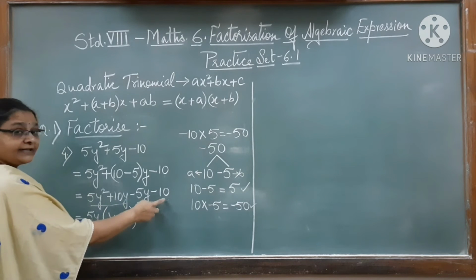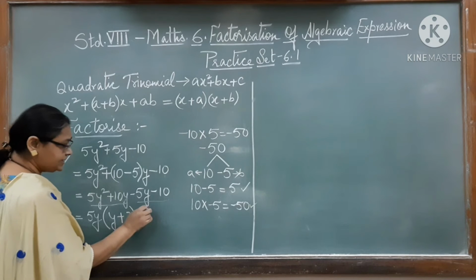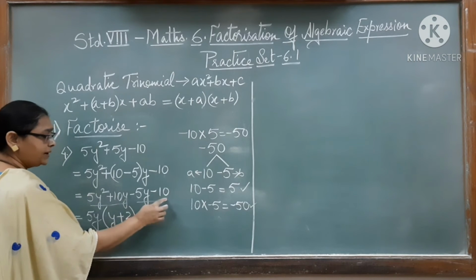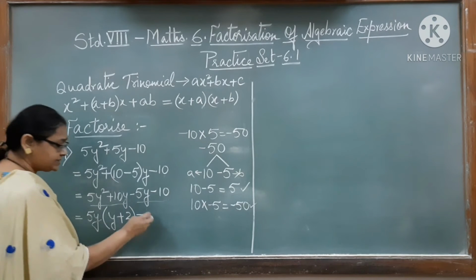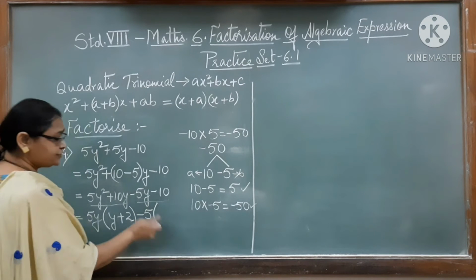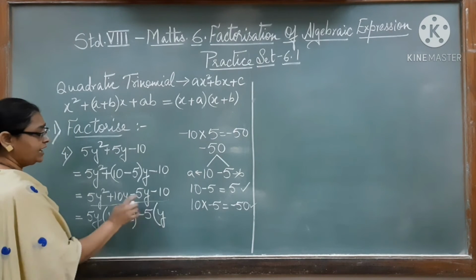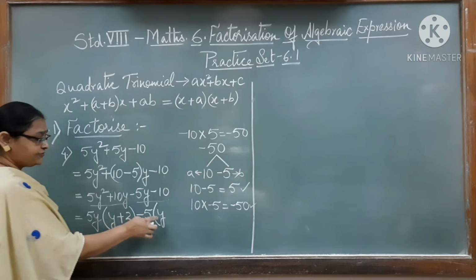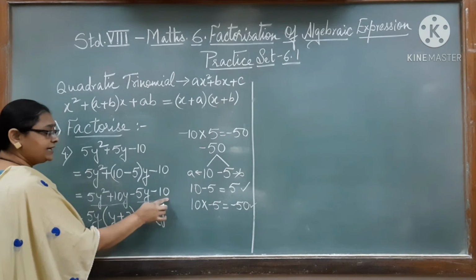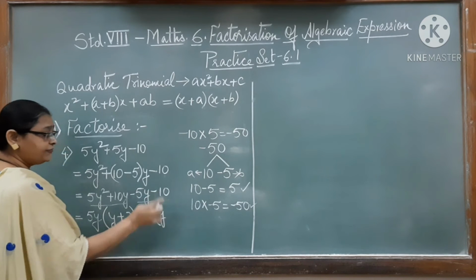Now let me consider the next term. Next I have got a minus sign, so I am going to use a minus sign. I know 5 and 10 are multiples, so I am going to take 5 as a common term into y. 5 into y is 5y, and we have a minus sign already, so minus 5y. Now here I have minus 10, so I should take care that I get a minus sign.